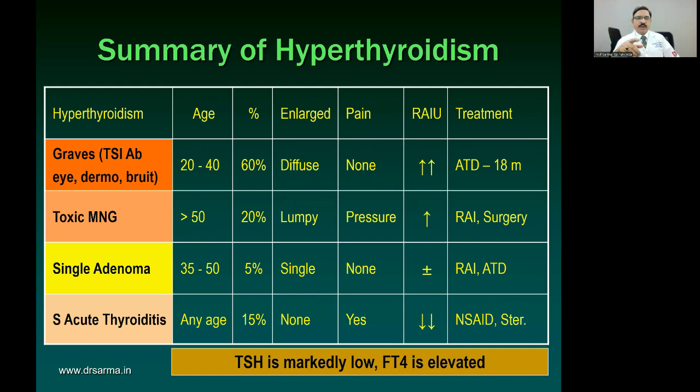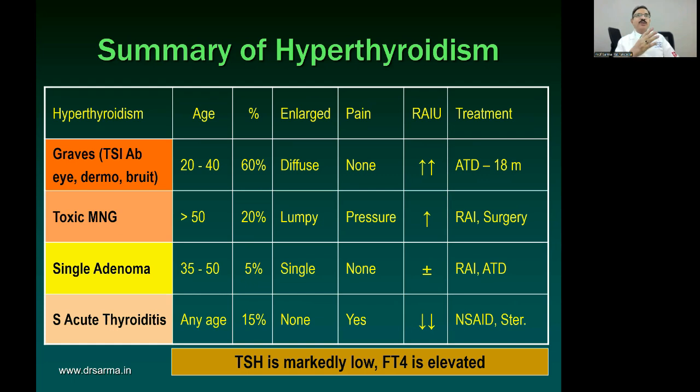Now, age: Graves 20 to 40, toxic adenoma more than 50, single adenoma 35 to 50, subacute thyroiditis any age. Percentage: 60%, 20%, 5%, 15%. Enlargement: diffuse enlargement, lumpy bumpy thyroid, single nodule, no enlargement. Pain: none. Pressure symptoms may be there in multinodular, single adenoma none.